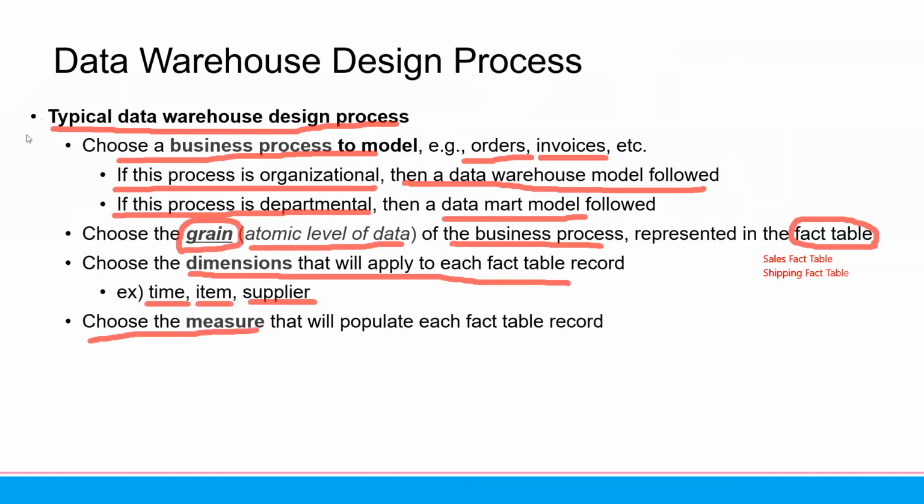The measure means you want to know the dollars sold, or you want to know the average of dollars sold. So you can start with the measures and then define your data warehouse. So there are many ways to design the data warehouse. You already learned those concepts.